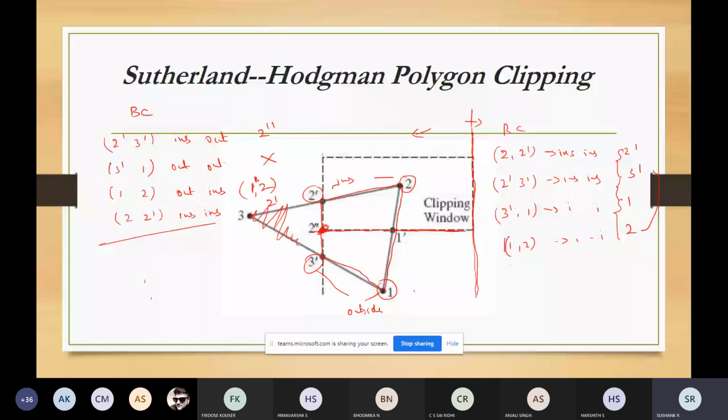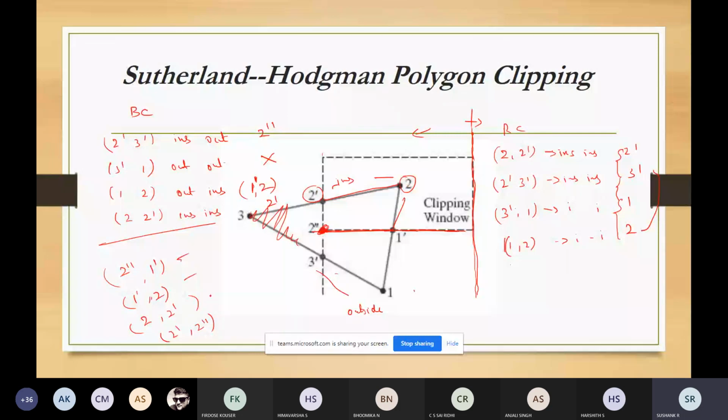So now 2 dash to 1 dash, 1 dash to 2, 2 to 2 dash, and 2 dash to 2 double dash. So these are the four lines which you should process. So 4 points should be done.